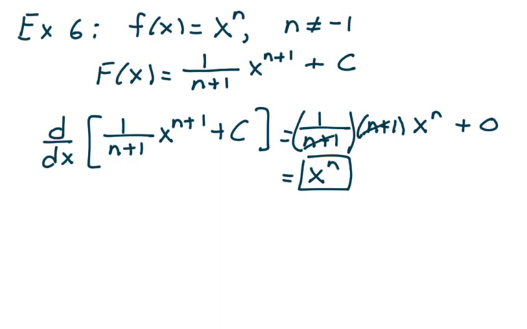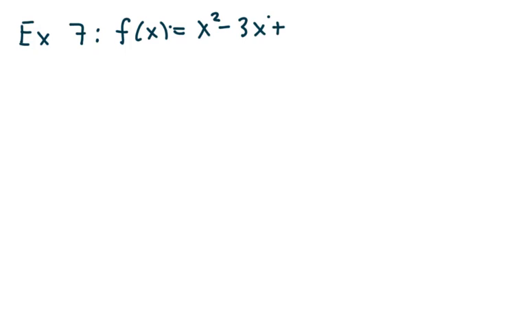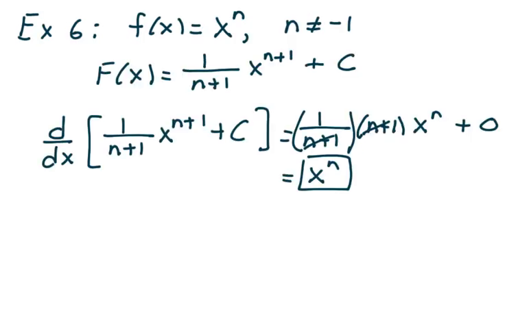And I want to look at these examples now. So let's take a look at example 7. And suppose I had f of x equals x squared minus 3x plus 2. So I want to go back here.